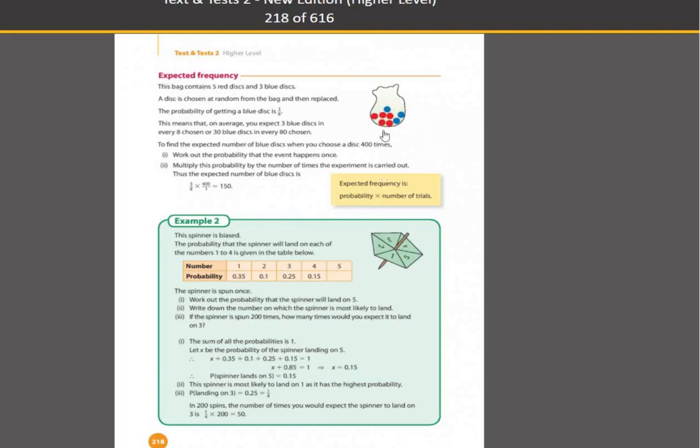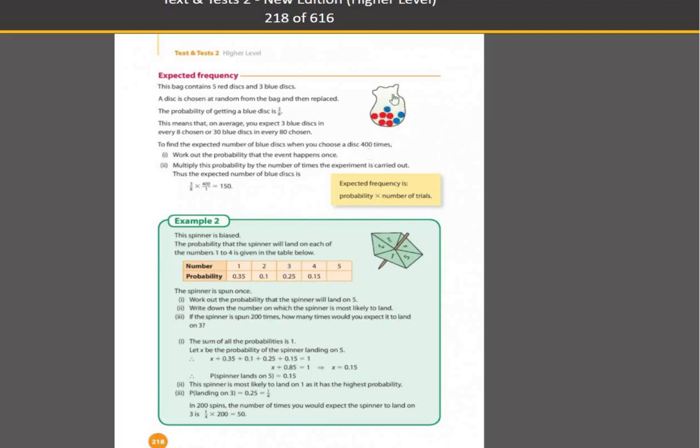So if we just consider this bag of marbles, there are 5 red marbles and 3 blue for a total of 8. If we were to put our hand in, pull out a single marble and record the result, put that marble back into the bag after you've recorded, and we were to do that experiment 400 times, how many would you expect to be blue?